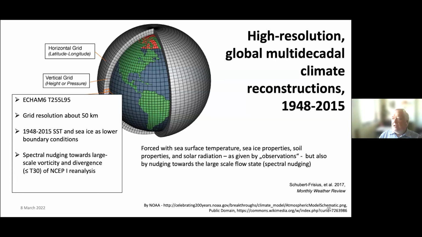It was with a resolution of T30 of the NCEP1 reanalysis. So we used the coarse analysis of NCEP, truncated it to T30, and prescribed vorticity and divergence in this extended simulation with a T255 global model.